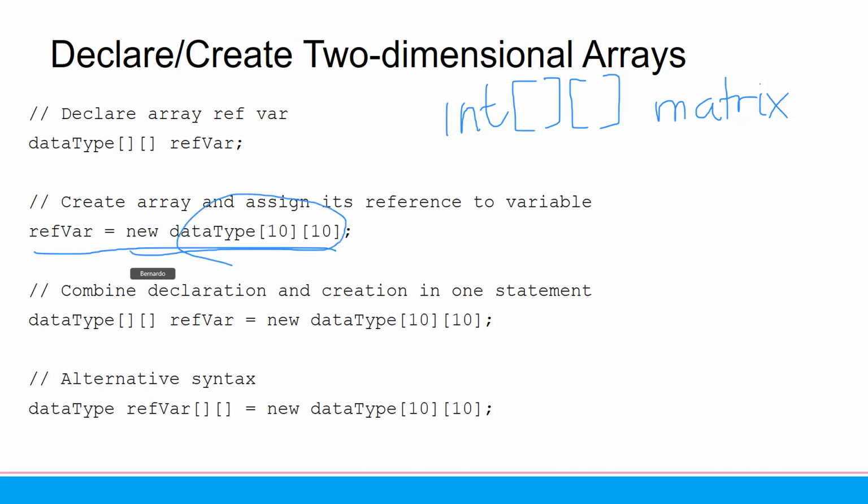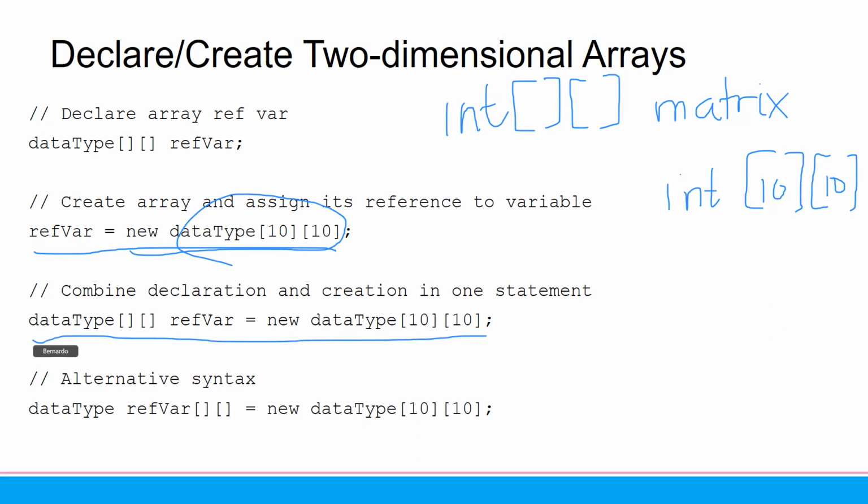For example, if I want to have new integer, I have 10 for the first dimension, and then I have 10 for the other dimension. If you want to combine with this one, that's also possible.